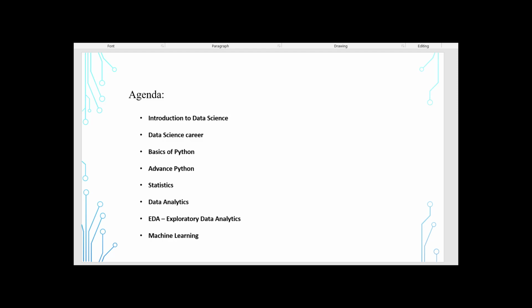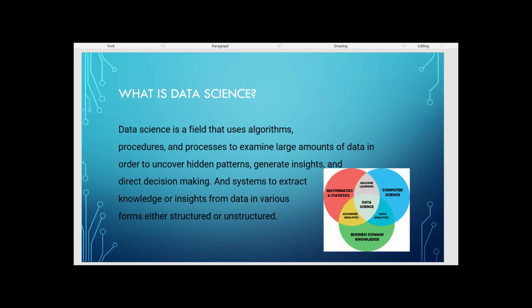So let's move to data science. What is data science exactly? Data science is also known as data-driven science. Data science is a field that uses algorithms and processes to examine a large amount of data in order to uncover hidden patterns, generate insights, and direct decision making, and systems to extract knowledge or insights from the data in various forms, either structured or unstructured.